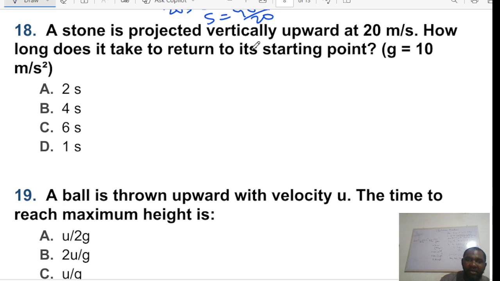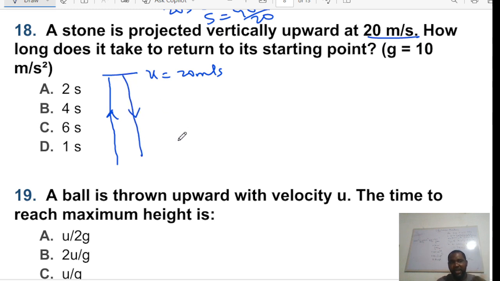First of all, the initial velocity u is 20 meters per second, and for it to return, it means it went up to the highest point. Then once it got to the highest point, it started coming down. You see that? So I need you to note that. The velocity at the maximum height is 0 meters per second, because it is an upward motion.